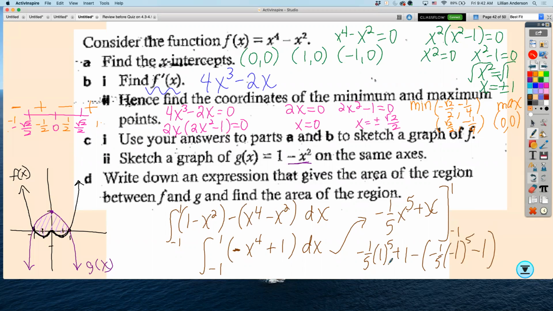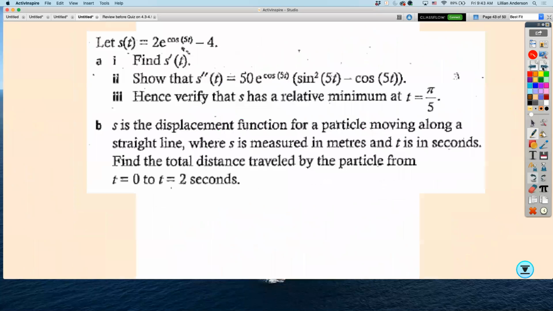So this expression becomes 4/5 minus, this one over here becomes a negative 4/5. Two negatives make a positive, and so my final answer is 8/5. Feeling good. All right.